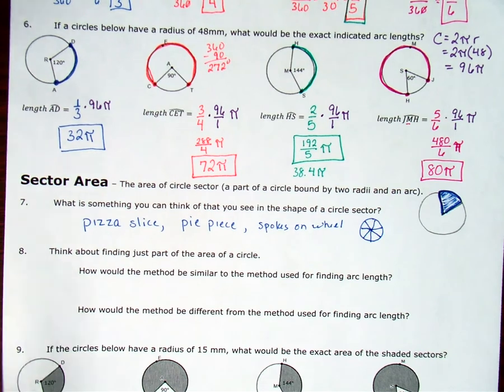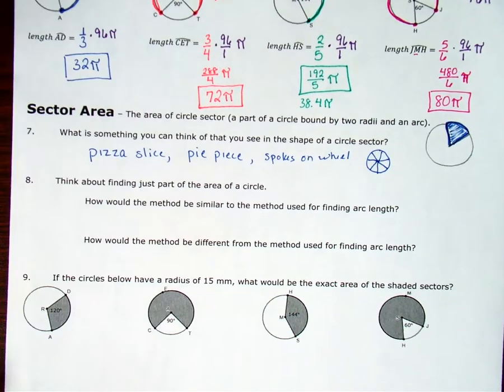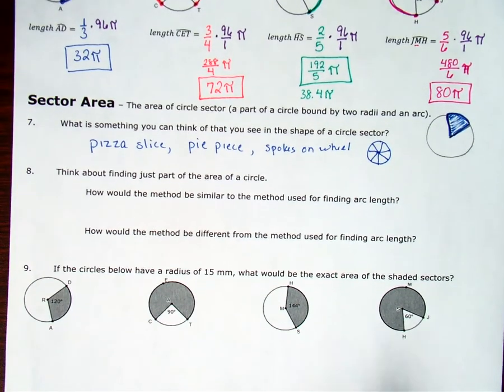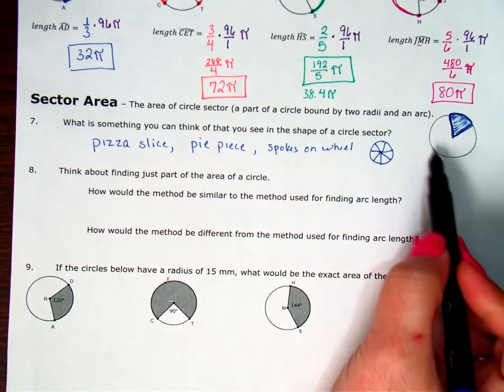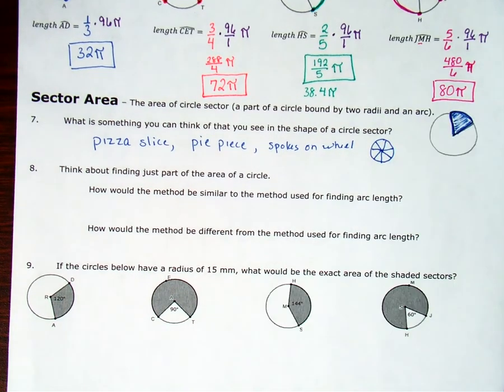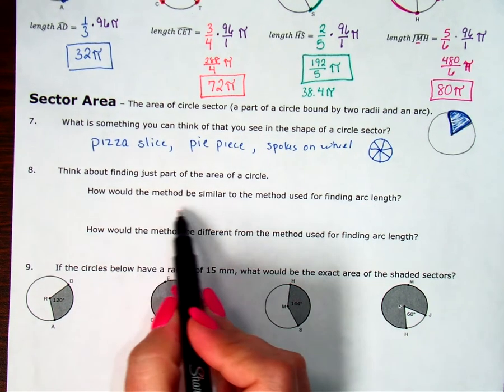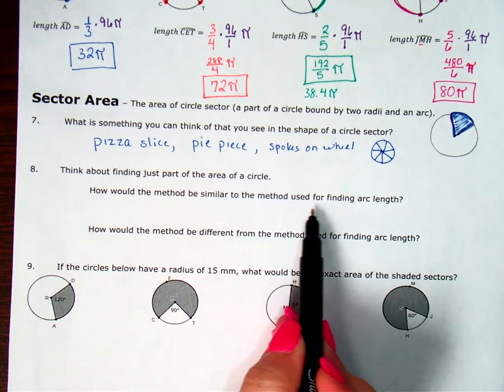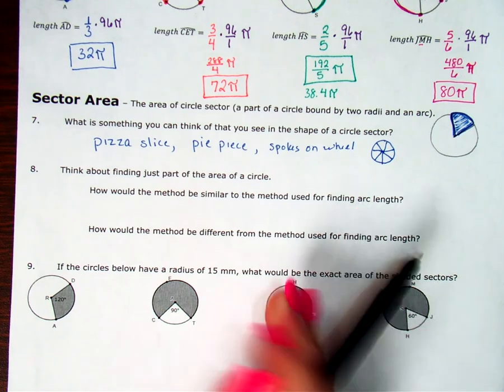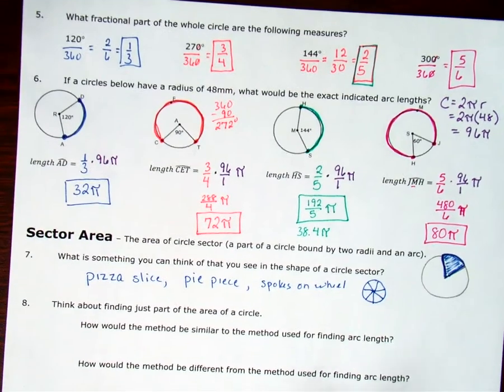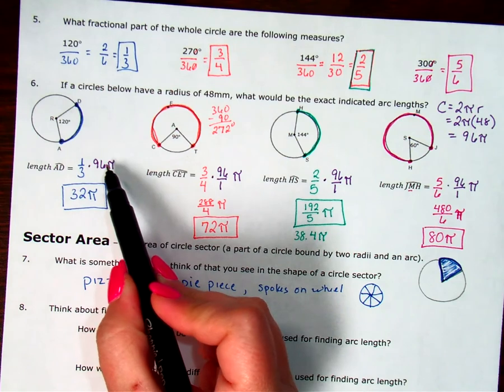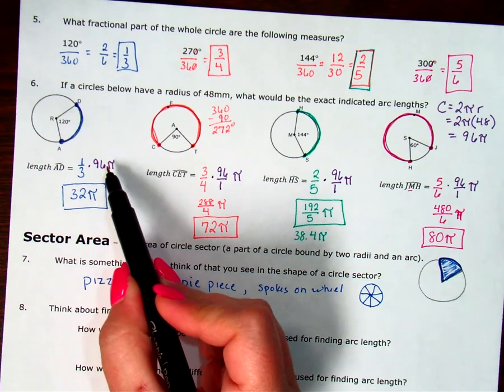So if we want to find just part of the circle's area, not the whole circle, it's going to be similar to finding just part of a length. How would the method be similar to the method used for finding the arc length? Just like when we found the arc length, we multiplied the length of the whole arc by the fractional part.